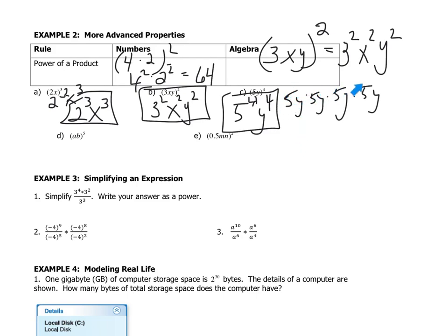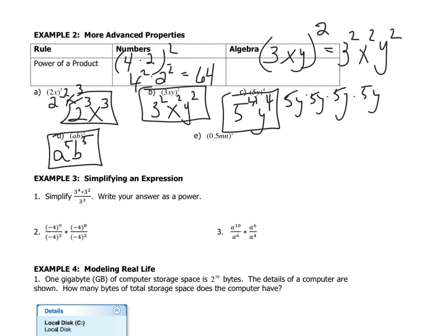The 5 to the fourth, and the y's, there are 4 of them, and that's where this can kind of come into play. On the next one, I would then go to ab to the fifth. So there are 5 of the a's, there are 5 of the b's. That's as far as I can go.